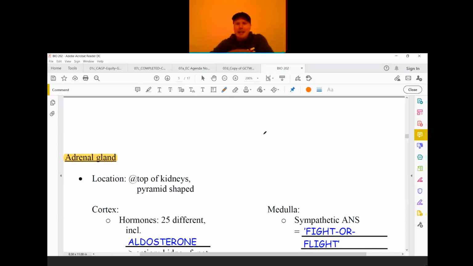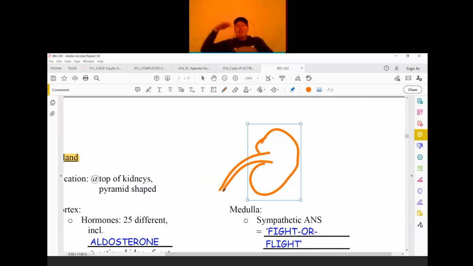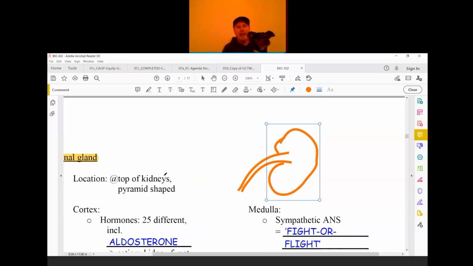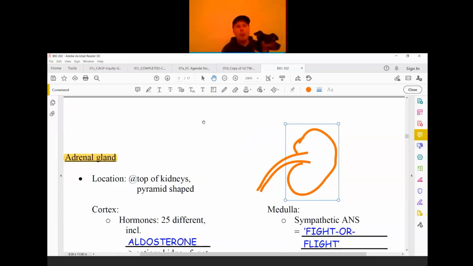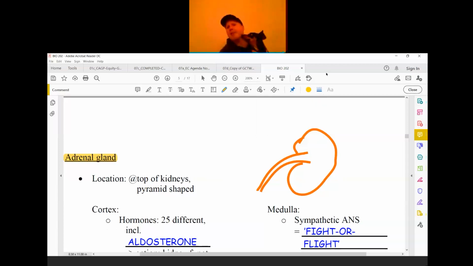A kidney is a bean-shaped structure, of course bigger than a bean, and it has a tube coming out from it. The right kidney is slightly lower because the liver is mainly on top of it, while the left is a little higher up, and the adrenal gland is located on top of these. On both sides, we've got one adrenal gland, and if you wish to describe them, they are pyramid-shaped structures on top there.